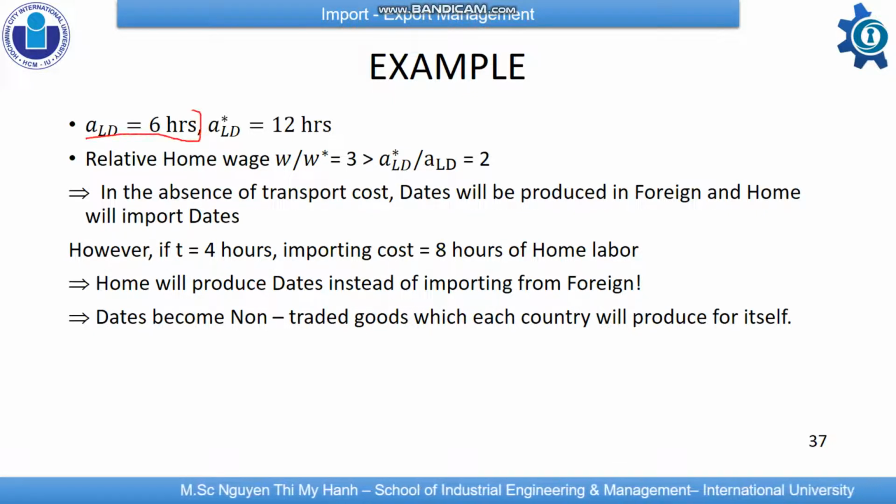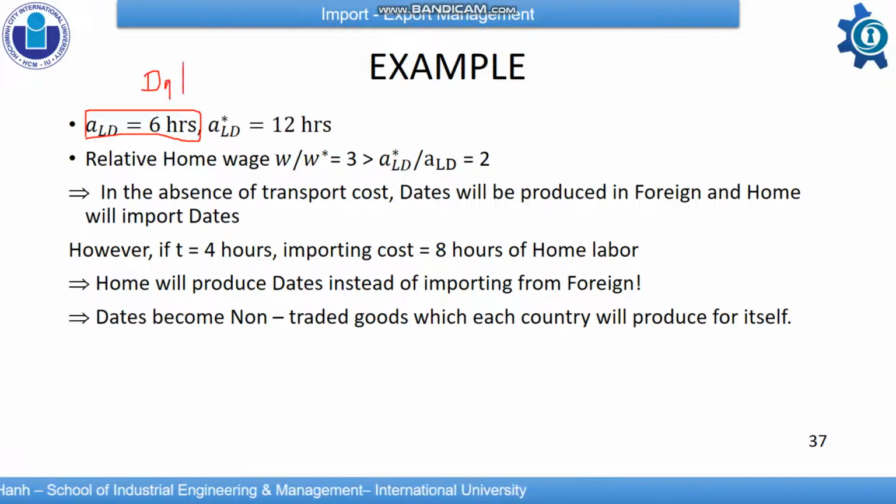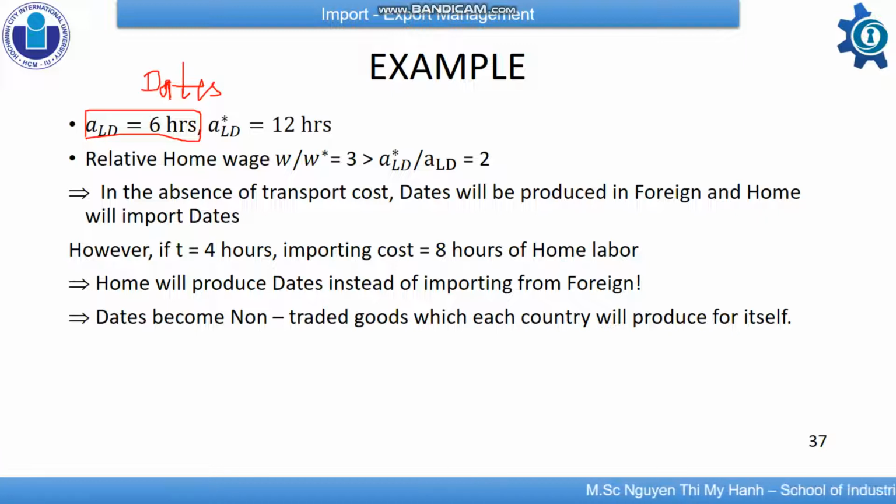We need 6 hours to produce dates in the home country, and we need 12 hours to produce dates in the foreign country.